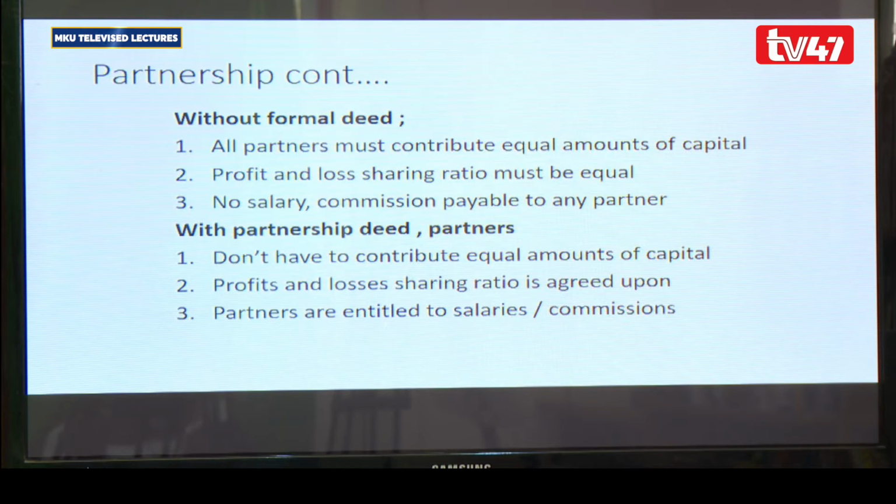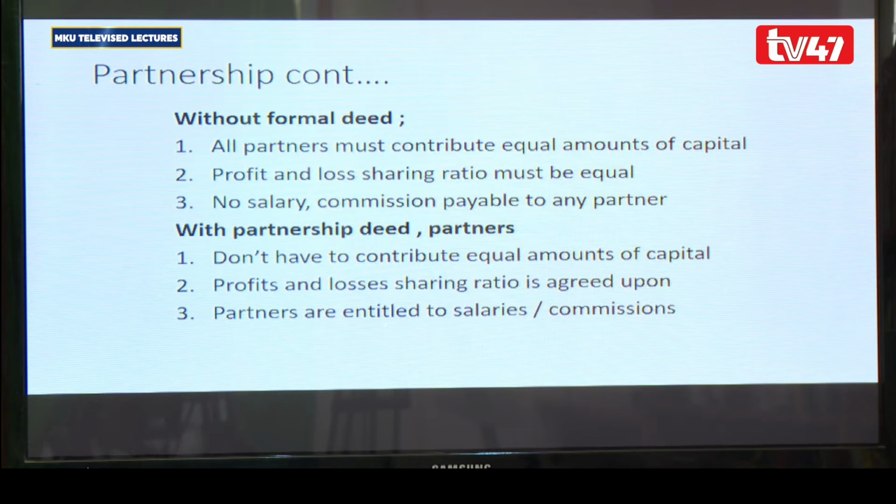However, the second way in which a partnership can be formed is where they come together and decide they want to do a formal agreement, which we call the partnership deed. If they have a written partnership deed, they're not doing it on what we are calling a gentleman's agreement, they don't have to contribute equal amounts of capital.